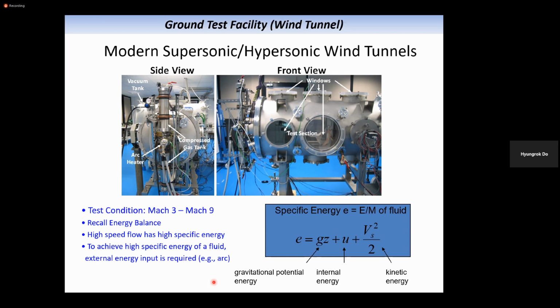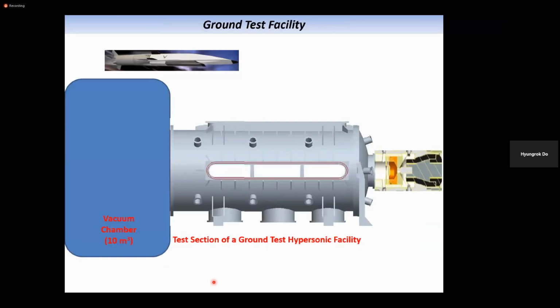They cannot be measured under this high temperature condition or highly energetic situation. There are not many ways of measuring those quantities that are required for this hypersonic testing. So in that case, you have to use an optical measurement method. Here is the extreme case: high speed, high pressure, high temperature conditions with an arc heater. That is the only way of testing the hypersonic vehicle.